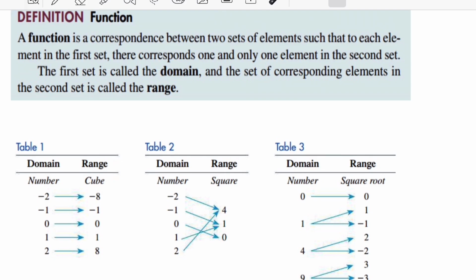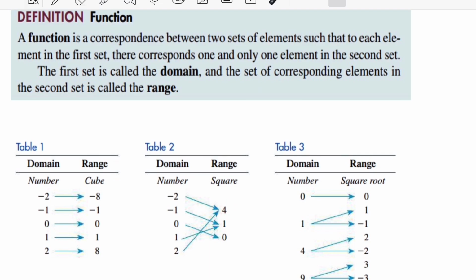Now, if we're to look at table 2, for example, we see, again, this is the set of our elements in our domain, and these are the elements in our range. And we see that -2 corresponds to this element 4 in our range, but so does +2. Now, this is fine, actually, because in our definition of a function, we just need that every element in our domain corresponds to only one element in our range.